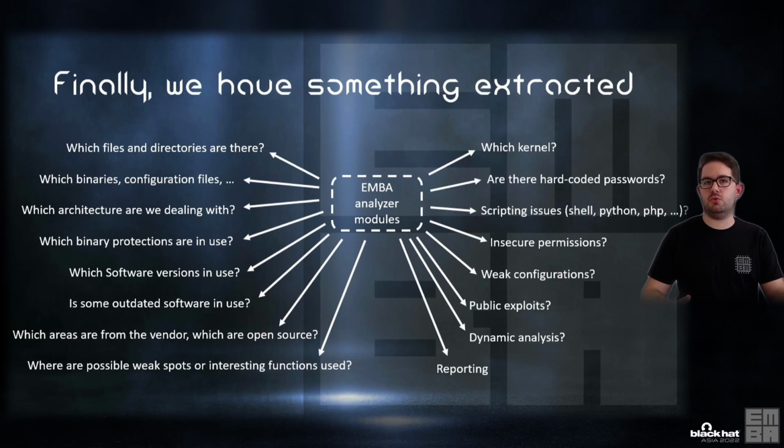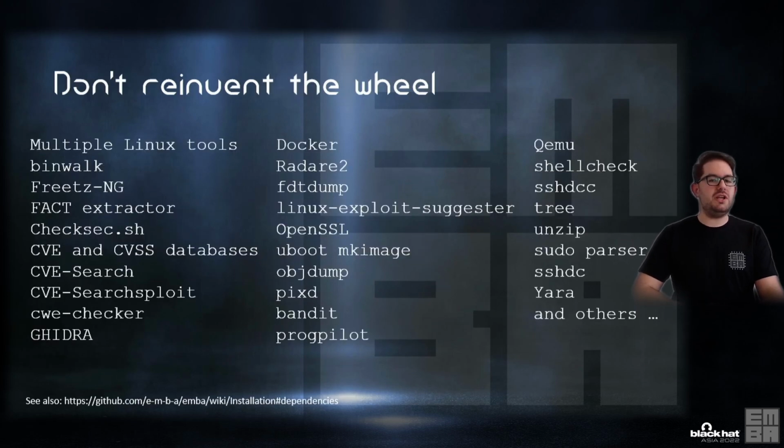How does EMBA do that? We don't want to reinvent the wheel. In EMBA we use many open source tools provided by our community to get the best result at the end. Why develop something new when it's already done and out there? Once installed or the Docker container pulled, you have a complete firmware analysis with just one command.